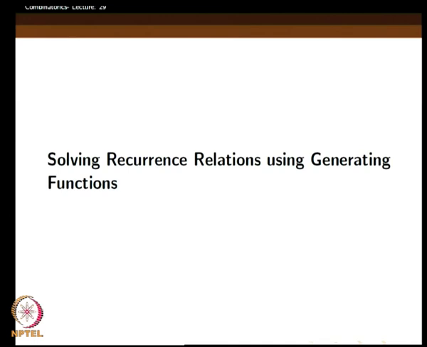A few classes before, we were discussing recurrence relations in detail, and we gave several methods to deal with linear recurrence relations with constant coefficients, homogeneous or non-homogeneous. Here we will see how generating functions can be used to solve recurrence relations.